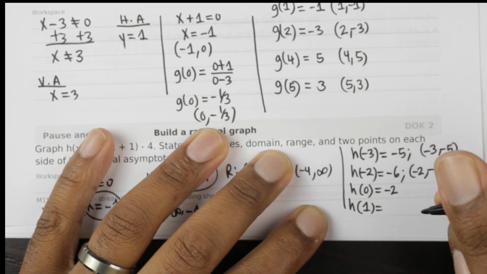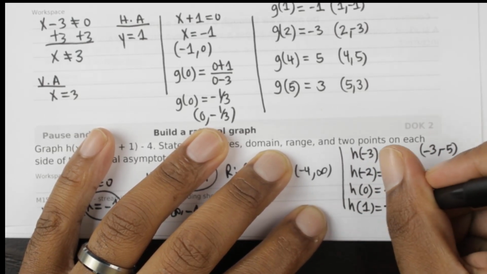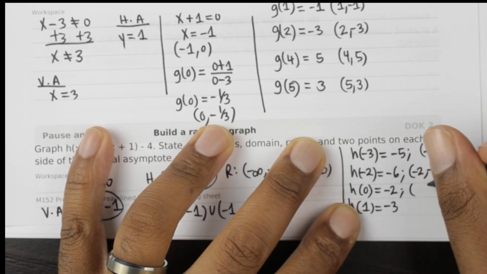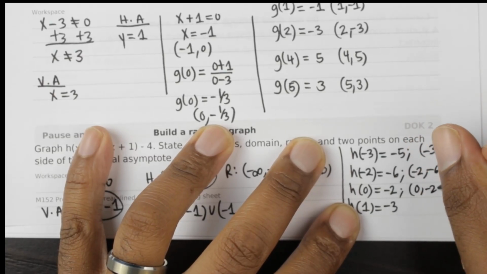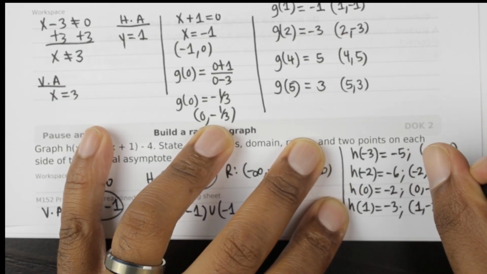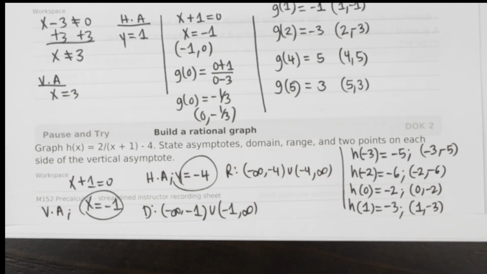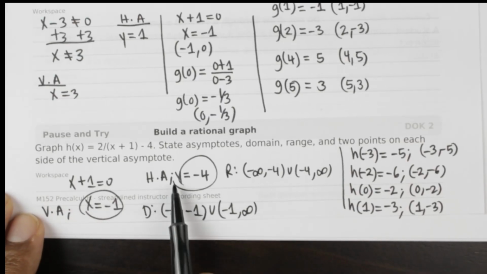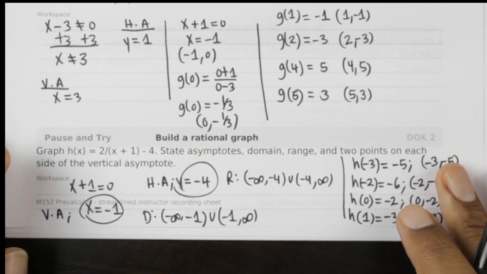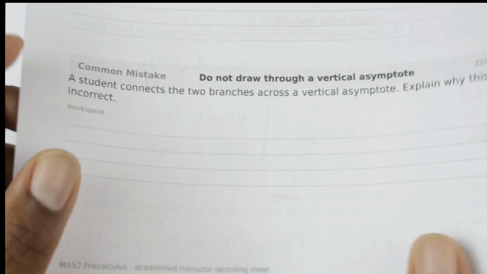So that's going to be -3. So that point is 0, -2, and 1, -3. Okay. And then we can plot the asymptotes and then plot these points and then sketch the two branches. Again, you can put this into Desmos to see what it looks like as well.